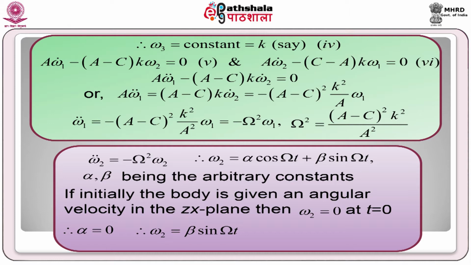Substituting this value, that is 5, into equations 1 and 2, we have capital A into omega 1 dot minus capital A minus C omega 2 into k equal to 0. Similarly, substituting into capital A into omega 2 dot minus capital C minus A omega 1 into k equal to 0.